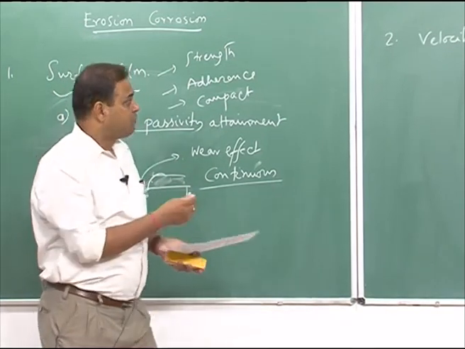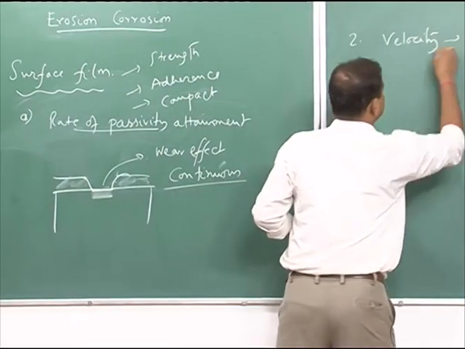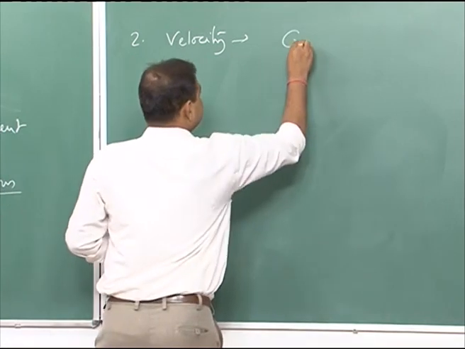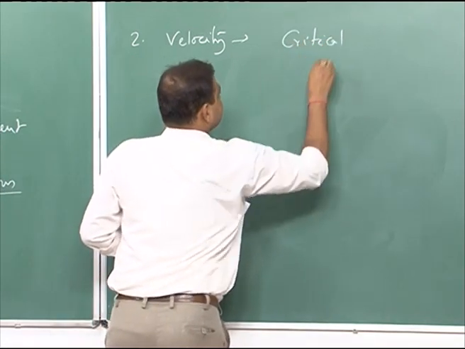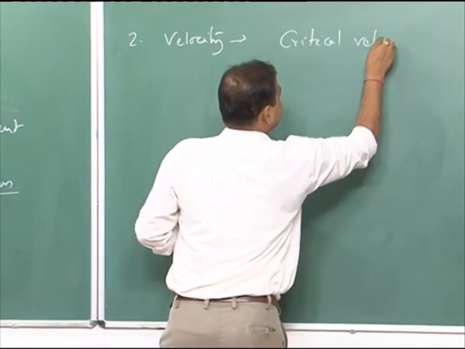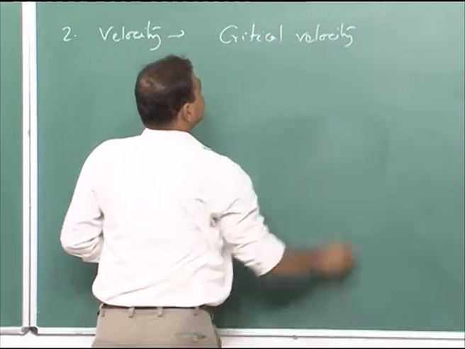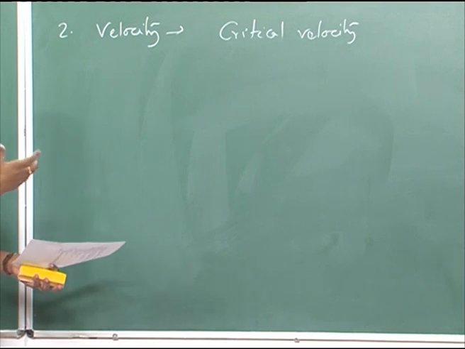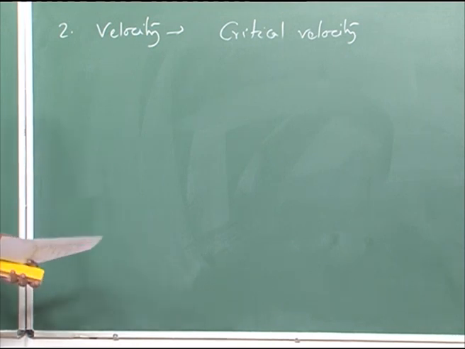Now, when we consider velocity, we generally experience a critical velocity for a particular metal when it is exposed to a particular medium.